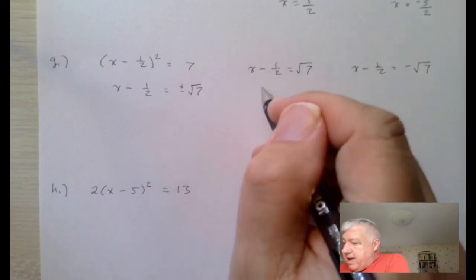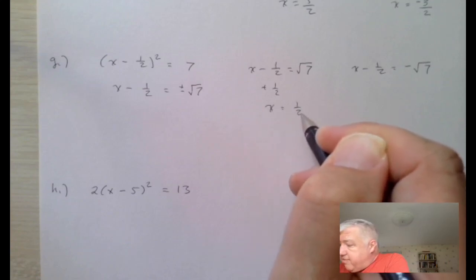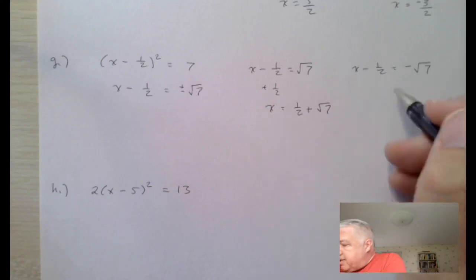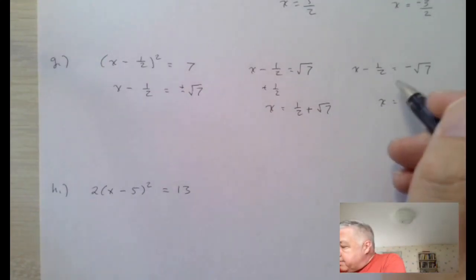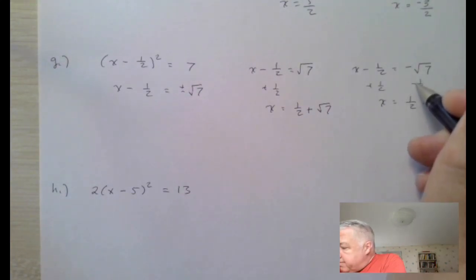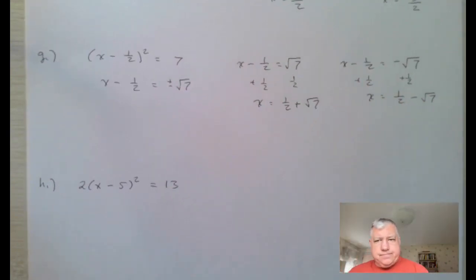And then we add 1/2 to both sides, and we get 1/2 plus the square root of 7, and over here it will be 1/2 minus the square root of 7. Right? We don't need a common denominator. We'll just leave it like this.